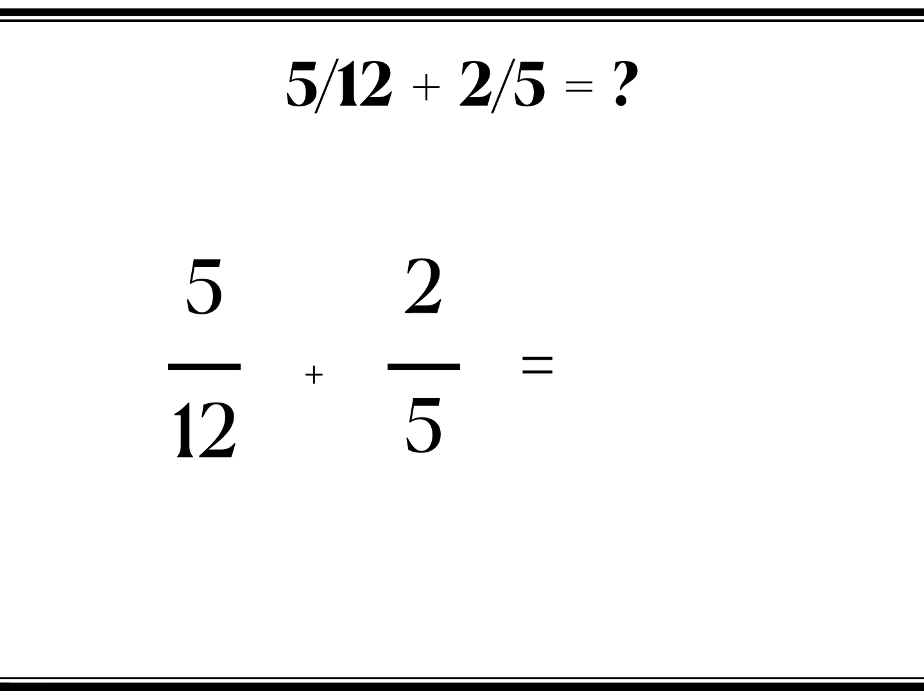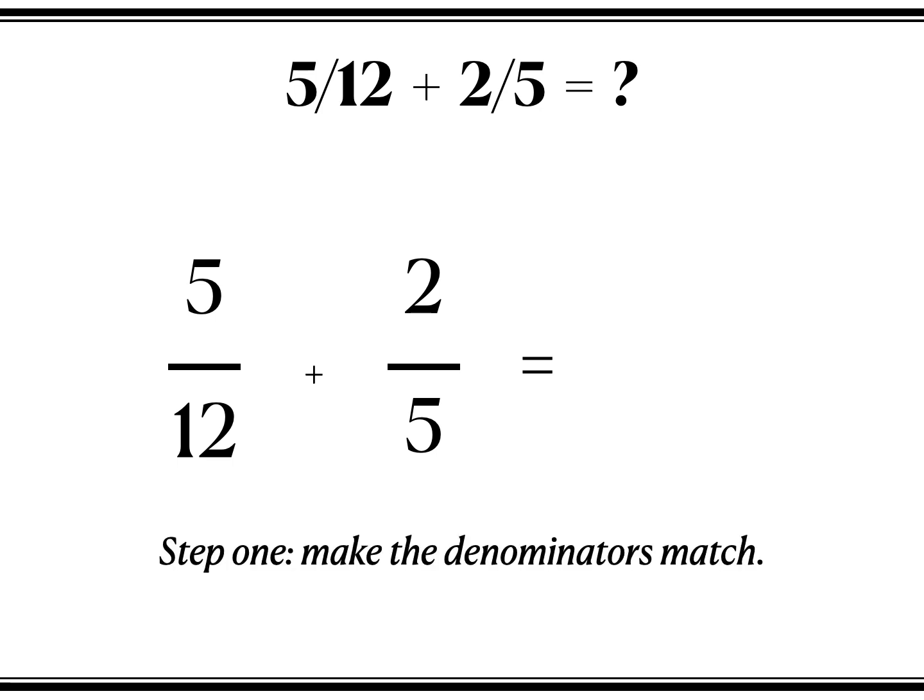5/12 plus 2/5. All right, so step 1, we need the denominators to match. So let's multiply our first number by the denominator of our second number, which is 5. 5 times 5, 12 times 5. On our other fraction, we're going to do the exact same thing.